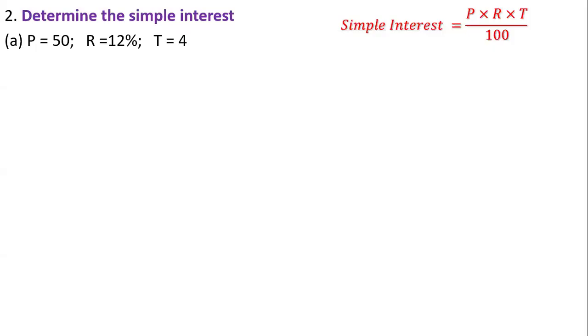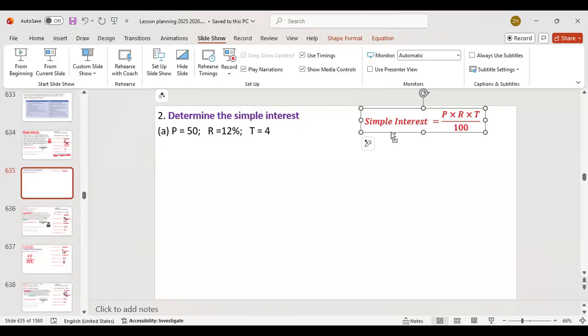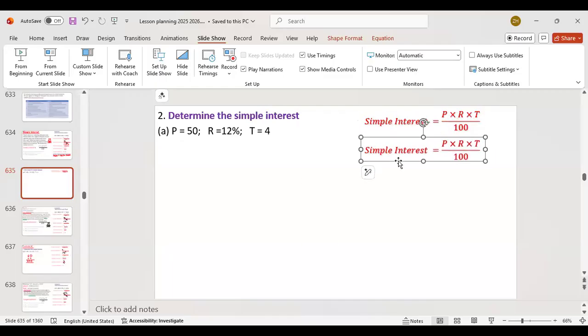Again, we have principal times rate times time all over 100. So what is P? 50. That's the principal.